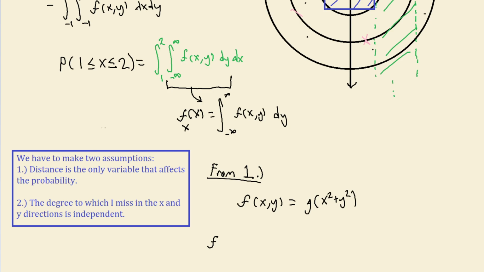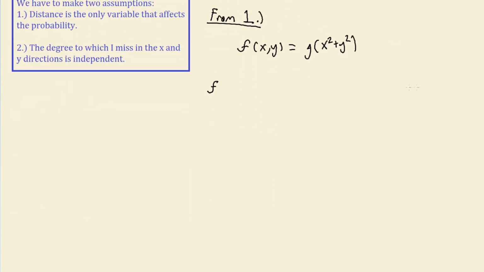And so if the degree to which we miss in the x and y directions is independent, then this function, f of x, y, is going to be, well, actually, it's going to be exactly equal to the marginal probability distribution of x multiplied by the marginal probability density function for y. And the reason that this is true is because these two errors are independent.